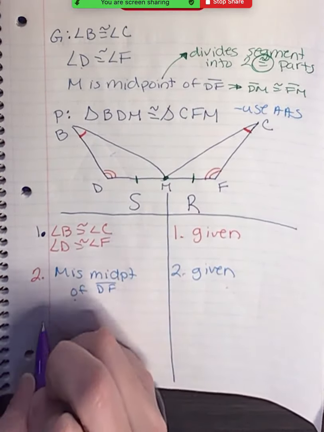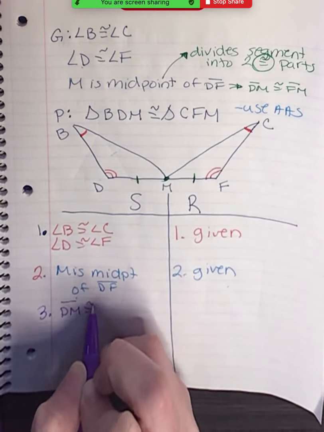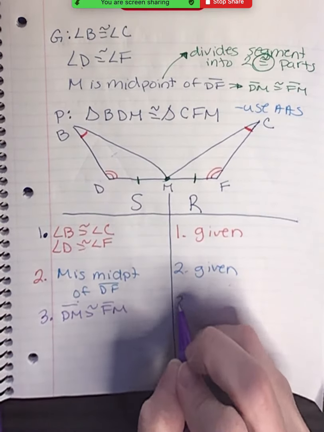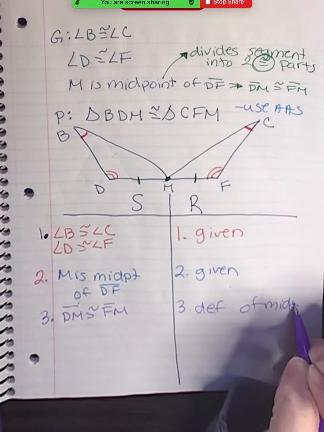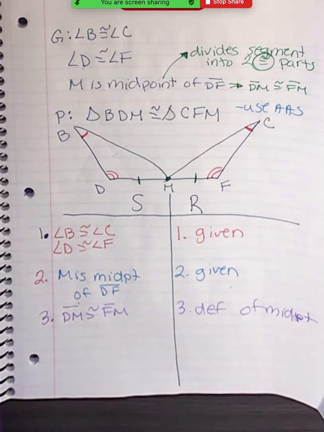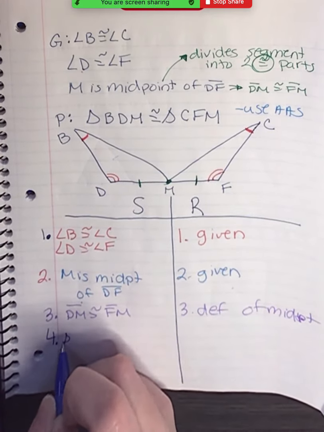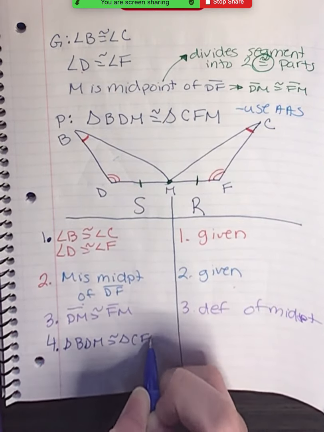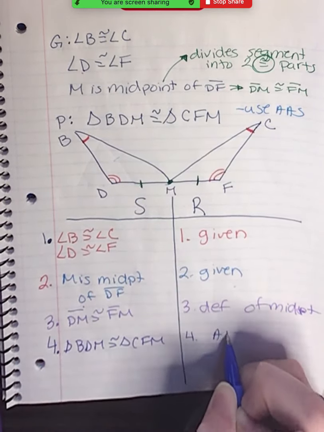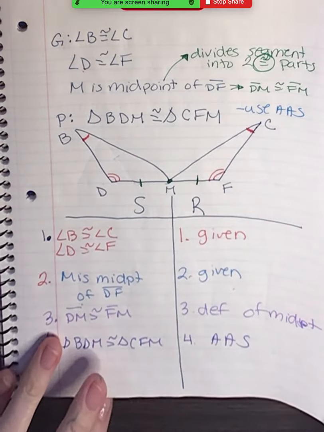Okay, so since M is the midpoint, we can say that DM is congruent to FM by the definition of midpoint. And then you've got your proof, right? So lastly, BDM is congruent to CFM by angle, angle, side. And you have your proof. So that is 4.4.